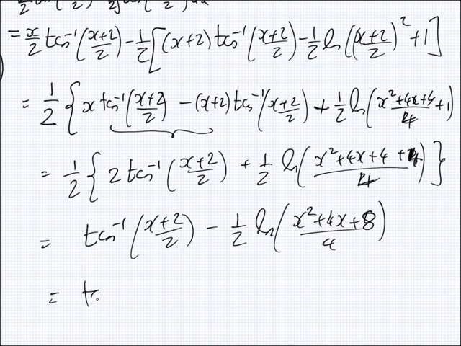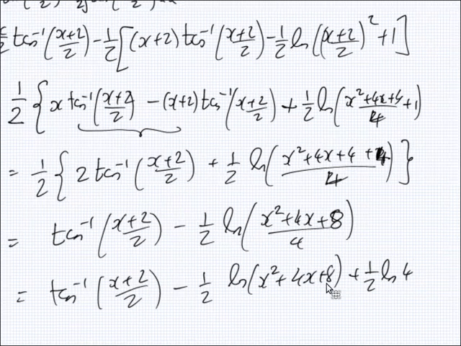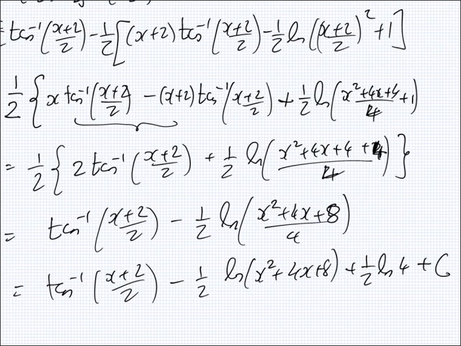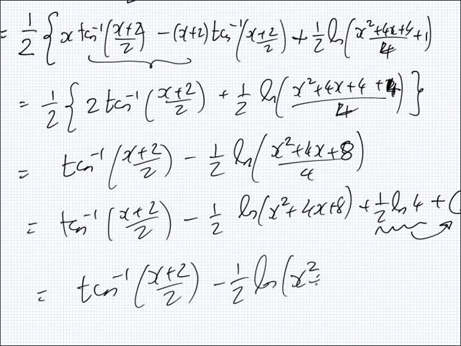That equals tan inverse x plus 2 over 2 minus, now if you want you can put the, well what I can do is use my rule that says log a over log b is log a minus b, so that's plus a half log 4. The reason I'm doing that is because there's a plus c at the end, so I can just absorb that constant into the c. So my final answer is tan inverse x plus 2 over 2 minus a half log x squared plus 4x plus 8 plus c.